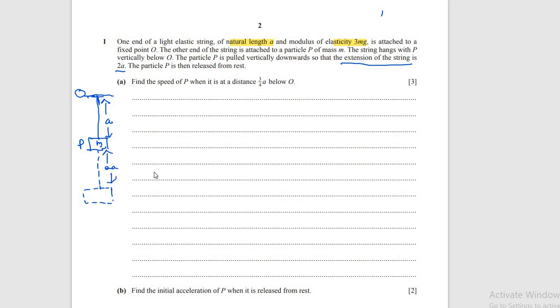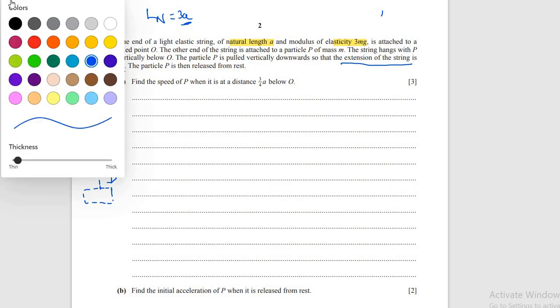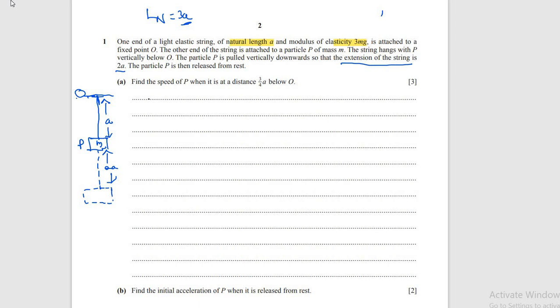That means the new length from O down to this point is 3A. Now the question asks us to find the speed of P when the distance is 3A below O.